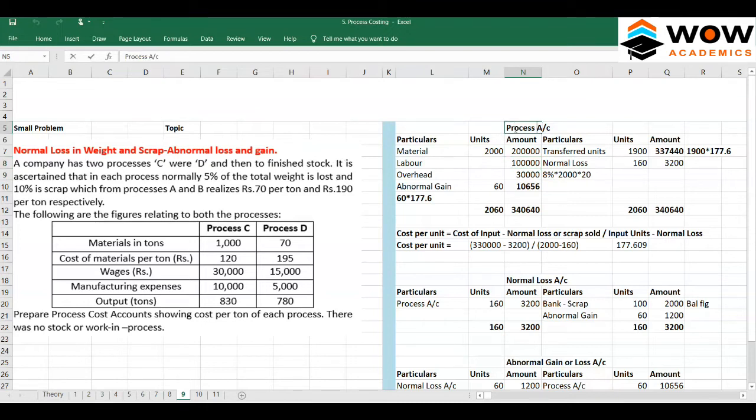We start with process C account first, then we'll do process D, and we can eliminate all these items.